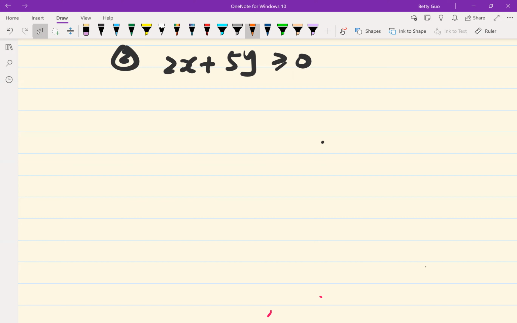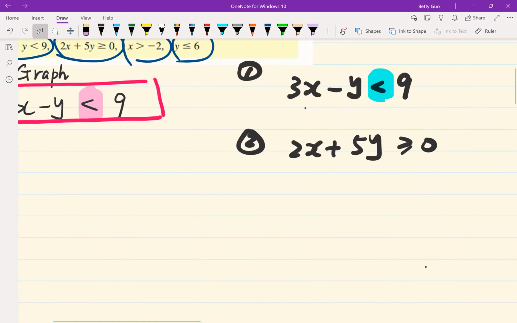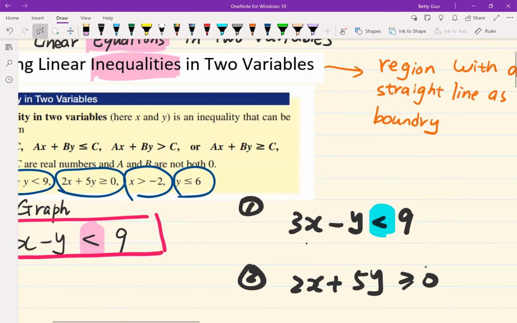You change the inequality symbol to an equal sign. Let's see what we have: 2x plus 5y equals 0. Is that equation a straight line? Yes. What form? Standard form, exactly. So number 2 is also a linear inequality in two variables.